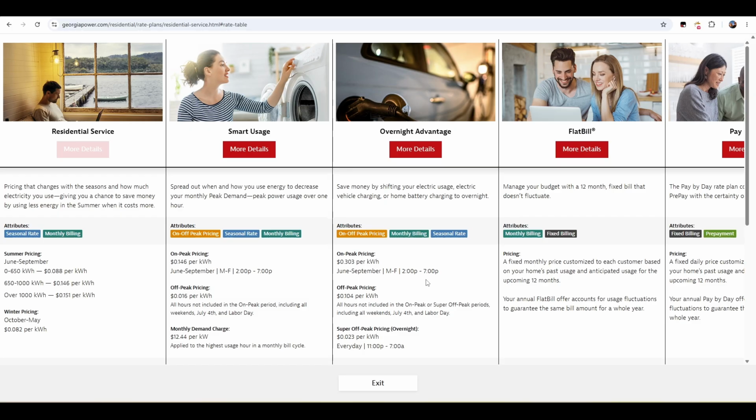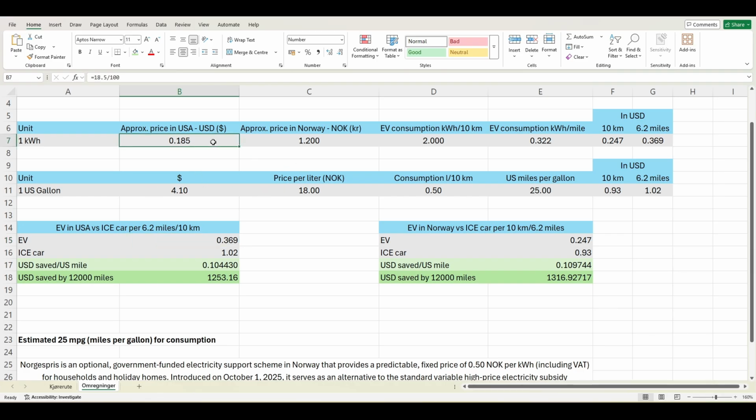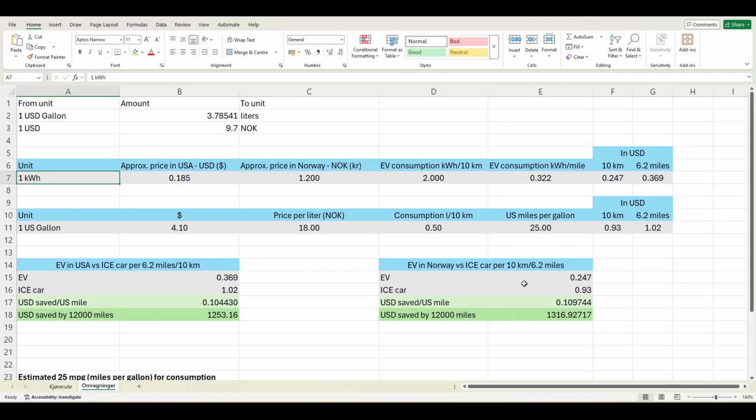It's kind of hard to make an average for comparison, but I just went by the Google search and I set it to $18.50 per kilowatt hour. And that's why we ended up with these numbers.